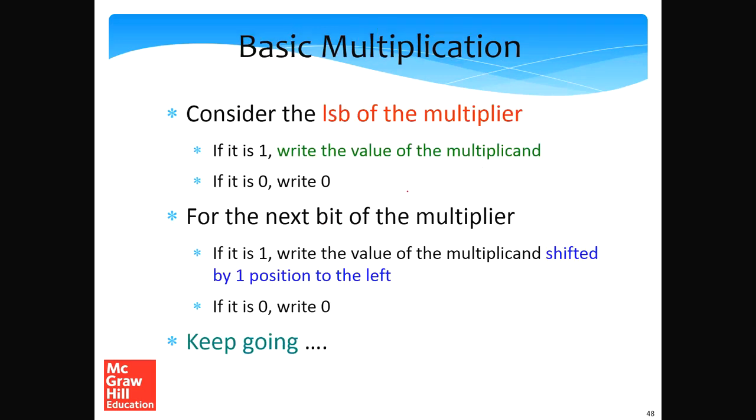So what did we do? We started from the LSB, the least significant bit of the multiplier. We kept going left. If any of these bits is 1, we write the value of the multiplicand. If it's 0, we write 0. Then we move to the next bit of the multiplier, and essentially at every point we shift the partial sum one place to the left.